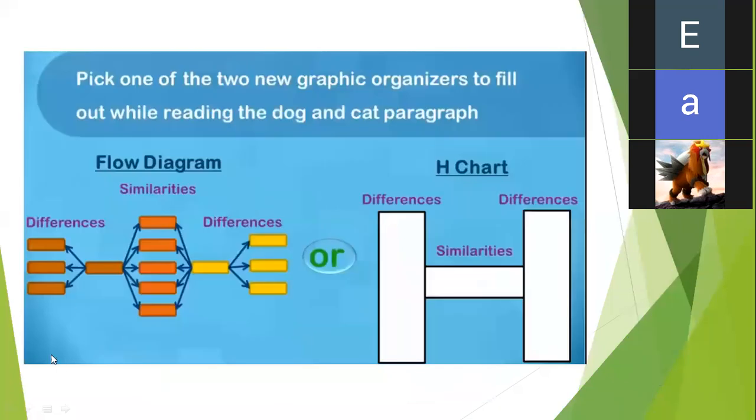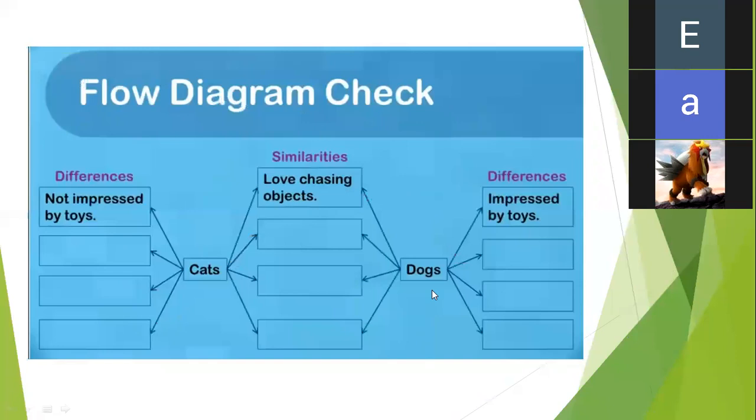Now your task is to pick one of the two new graphic organizers. You are already familiar with the Venn diagram, so these two are new for you, and the paragraph which we just read, you are going to organize the information in this. I guess the H chart is quite easy, so let's go for the flow diagram. See, that's how you are going to make a flow diagram.